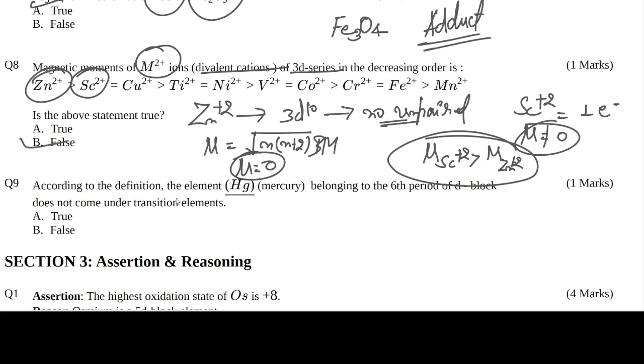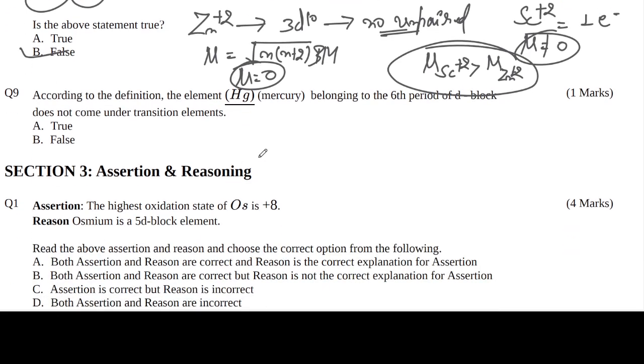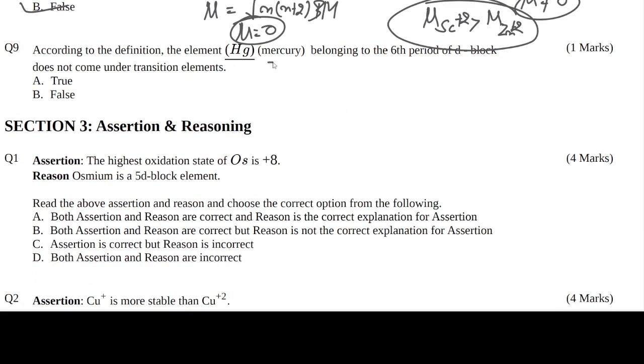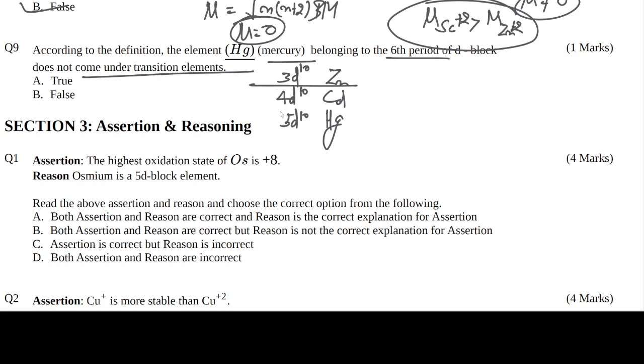is false. Let's move to the next question. According to the definition, mercury belongs to the 6th period of d block elements, and it does not come under the transition elements. You have the idea of zinc, cadmium and mercury: zinc is 3d10, cadmium is 4d10, and mercury is 5d10. This will be the 4th period, this the 5th period, and this the 6th period.